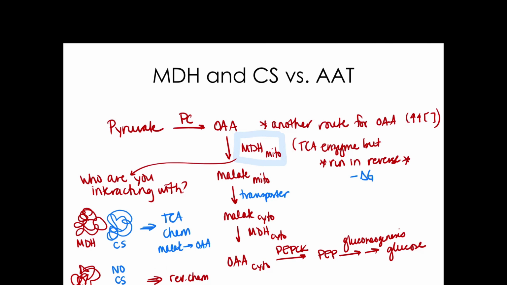So some really interesting things to think about: what surface residues might be interacting or not interacting for that process. Again, just to make sure I highlight so the chemistry is reviewed here from gluconeogenesis, once we get malate out into the cytosol, we're going to have malate dehydrogenase that's in its cytosolic form, kind of making oxaloacetate in the cytosol. PEPCK is still necessary to convert oxaloacetate into phosphoenolpyruvate, and once we get to phosphoenolpyruvate, reversing glycolysis via gluconeogenesis is pretty straightforward.